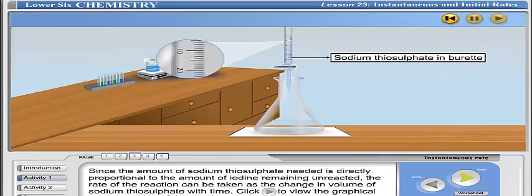Since the amount of sodium thiosulfate needed is directly proportional to the amount of iodine remaining unreacted, the rate of the reaction can be taken as the change in volume of sodium thiosulfate with time. Click Next to view the graphical representation of the results.